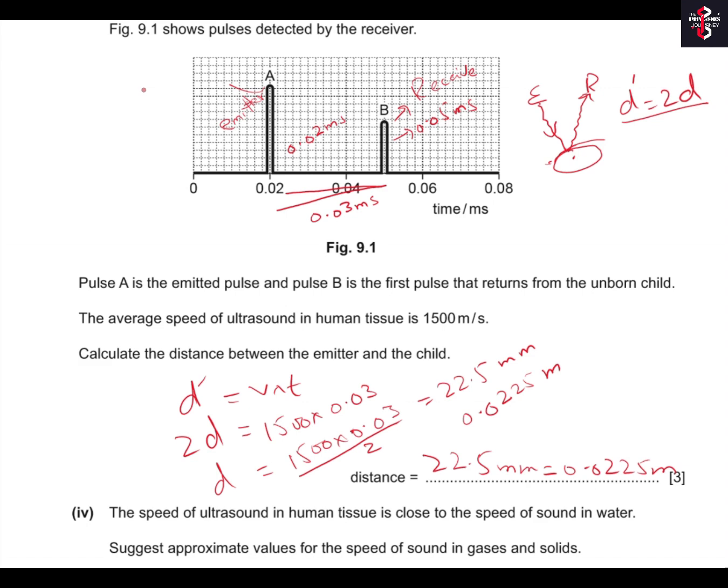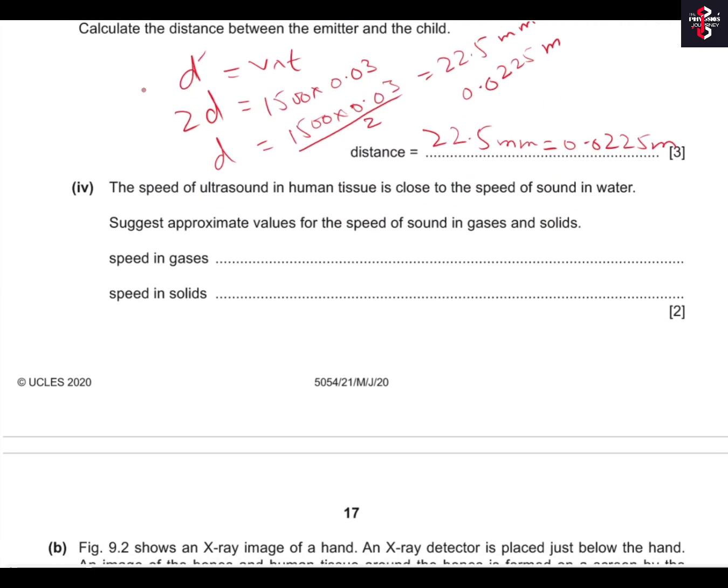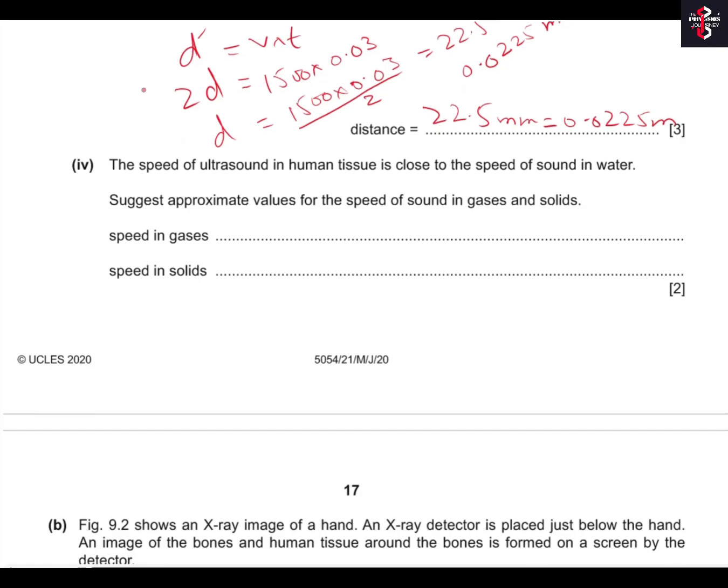In the other part, we are asked: the speed of ultrasound in human tissue is close to the speed of sound in water. Suggest approximate values of speed of sound in gases and in liquids. So the speed of sound in gases is like 300 meter per second.